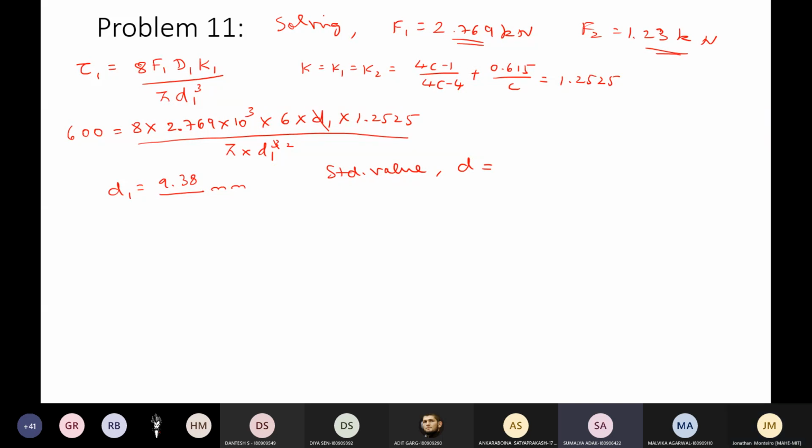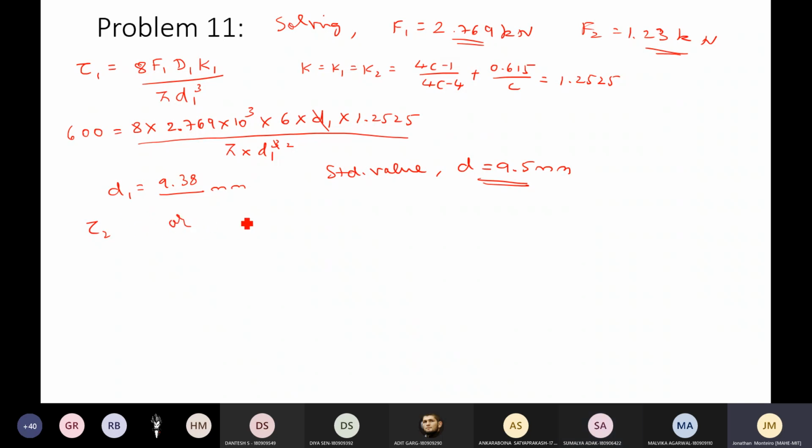So 9.5. Yeah. So we'll have 9.5 mm as a standard value. Now you can find out what is tau, that is tau 2, and then find out d2, or you can use the relationship here also, that is d1 by d2 is 1.5.